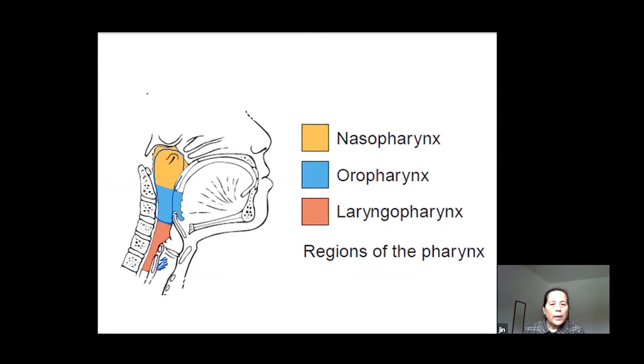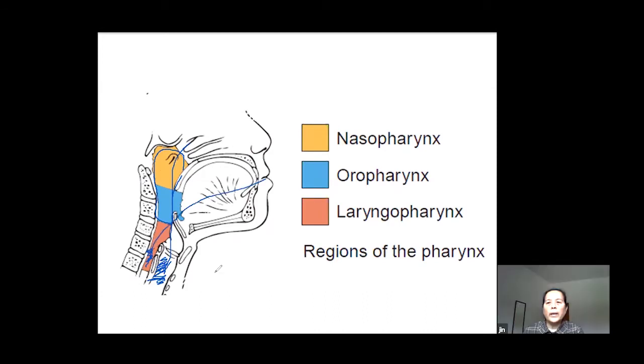One tube, the trachea, goes to the lung. Another tube behind it goes to the stomach. So we need to separate air going into the trachea, and food going into our stomach.